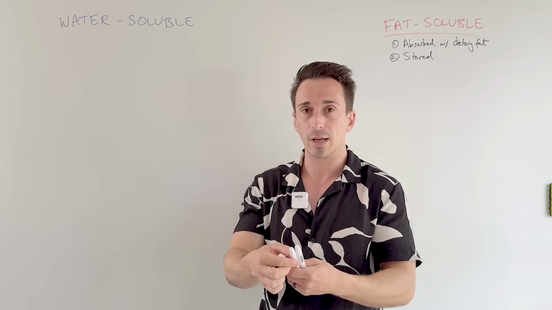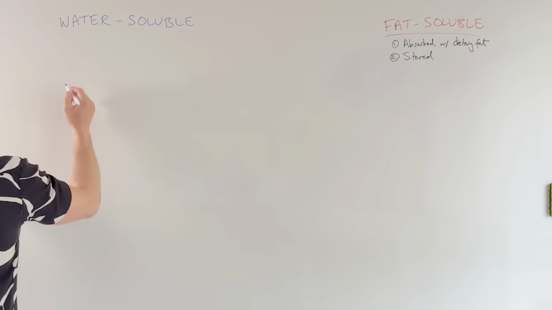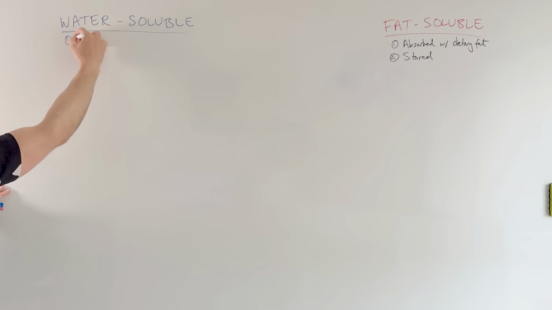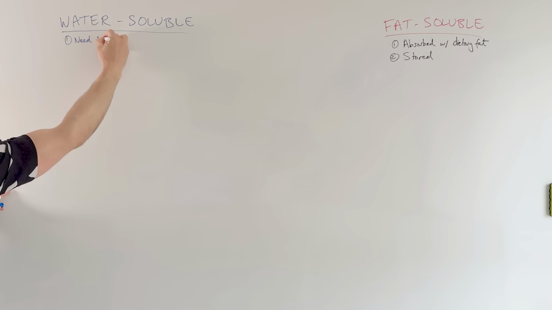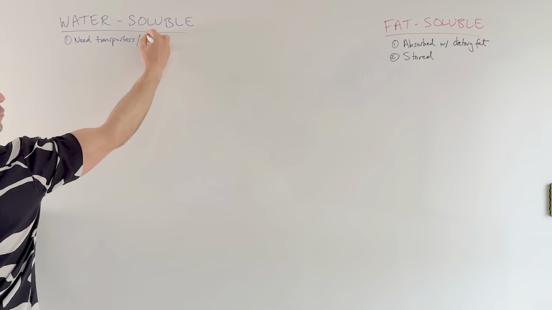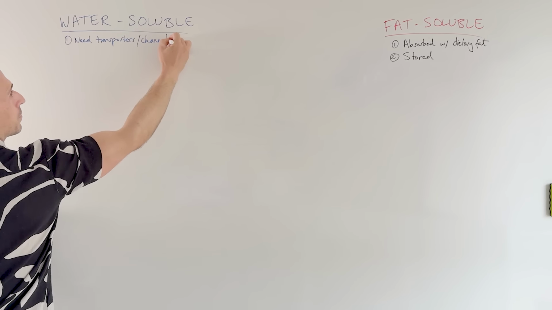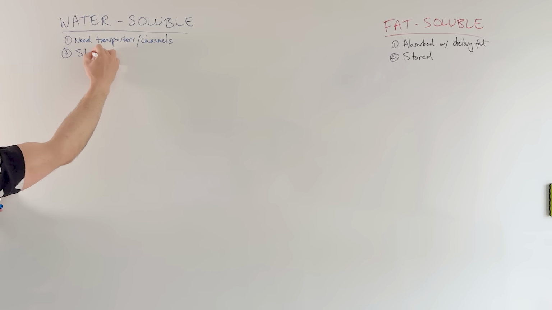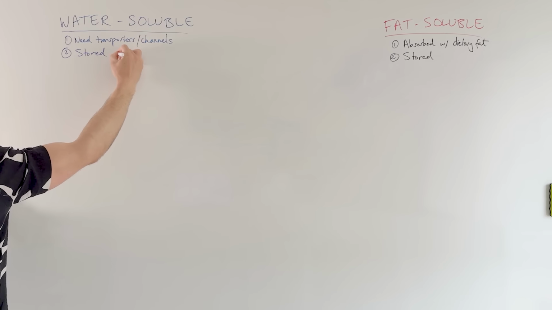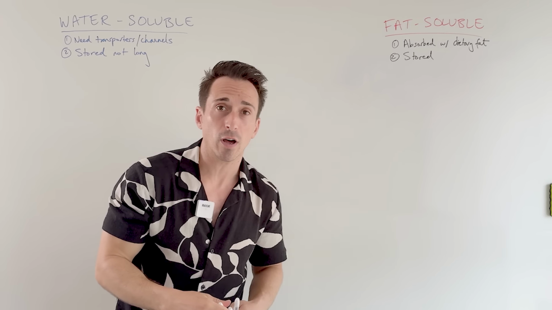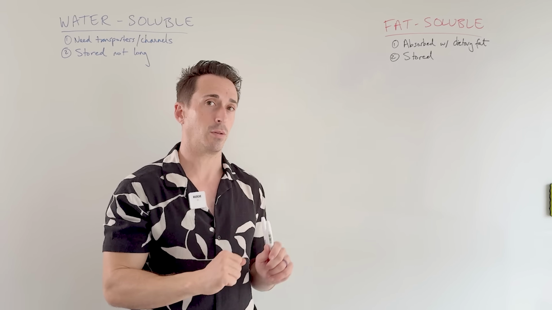And that's important because water-soluble vitamins, they don't get absorbed with the fats in our body. So the water-soluble vitamins need transporters or channels for absorption. And number two, are not stored for very long, which means you can run out of the water-soluble vitamins a lot faster than you run out of the fat-soluble vitamins.